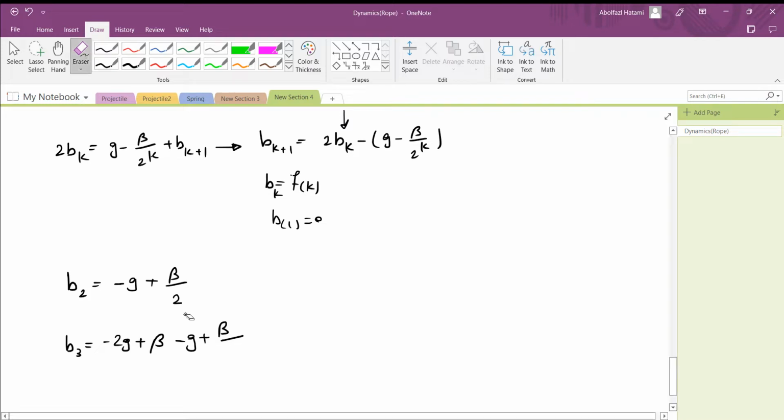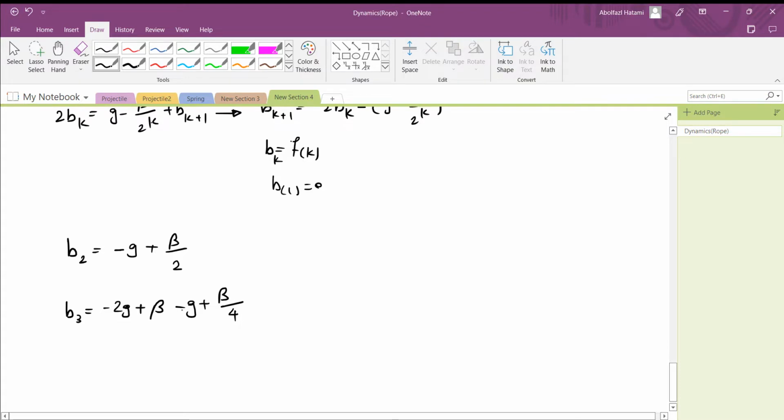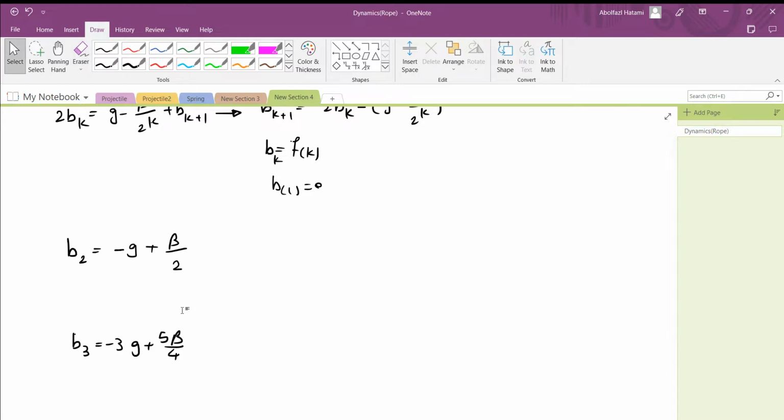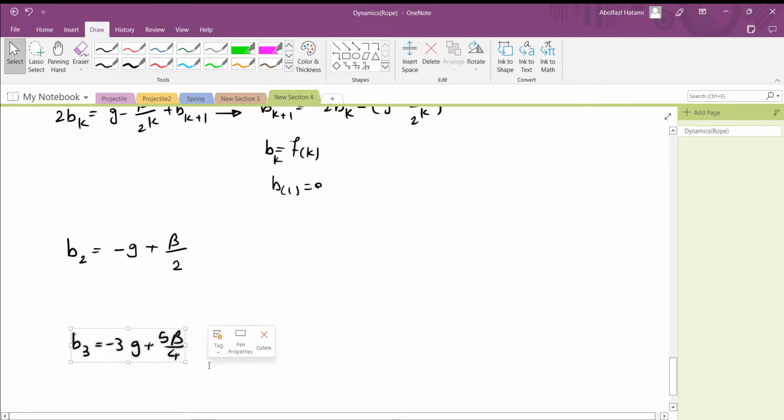So b3 is minus 3g plus 5 beta divided by 4. Let me erase it and write it here.